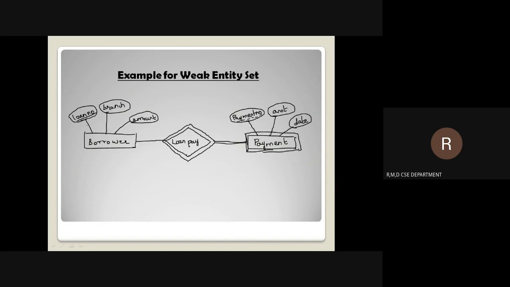That means every payment which has a partial key as payment number will be meaningful only if it is associated with the loan number attribute which belongs to the strong entity set. So the weak entity set called payment should have total participation with the strong entity set called borrower through the identifying relationship in order to derive the useful information that is stored.